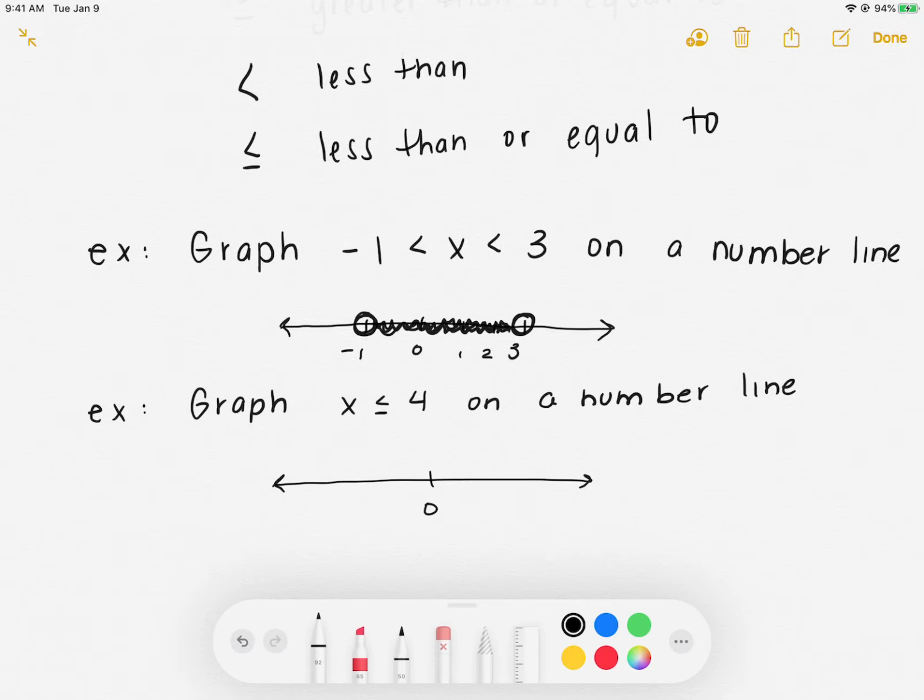Got a 0. Got a 4. 4 is bigger than 0. Look at me, crushing it. Now I need to decide open or closed circle. Closed, because I can include my 4. And if I want numbers smaller than 4, I shade to the left. This was always a good time in algebra.